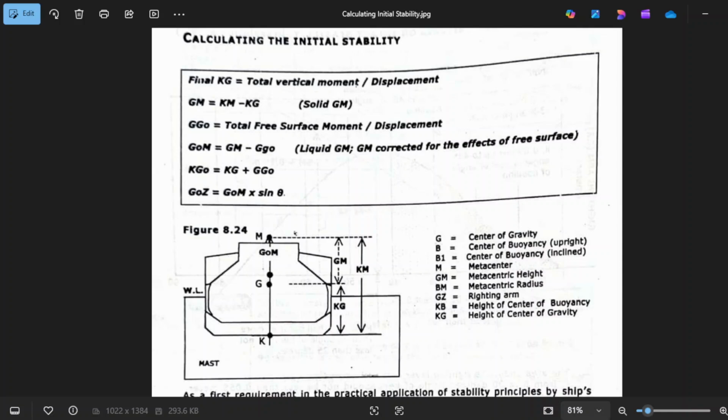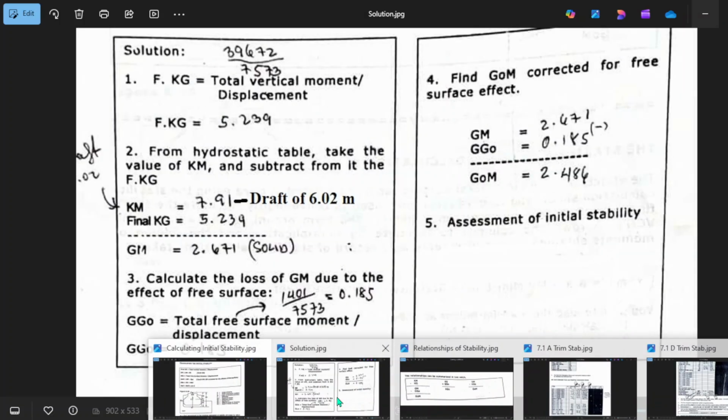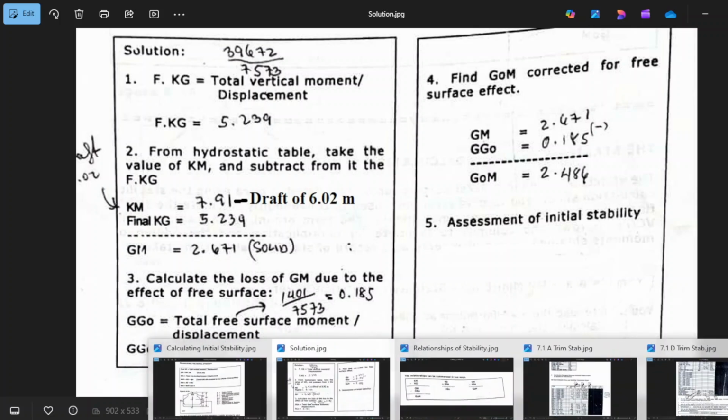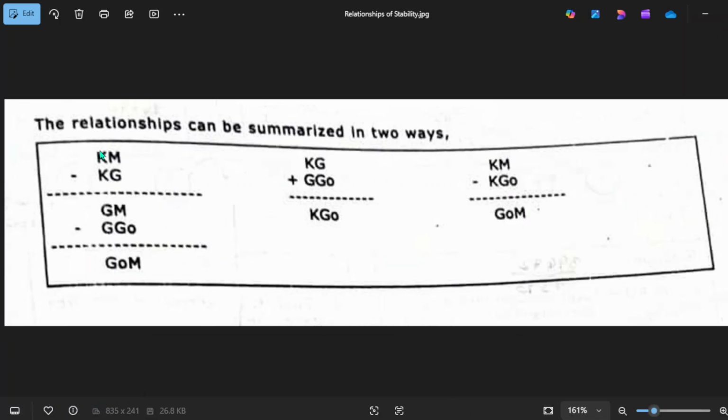Then another figure. This is how to get the final KG, how to get the KM, the GM, GG0, and your G0M. These are the formulas. For short, the relationship can be summarized in two ways.